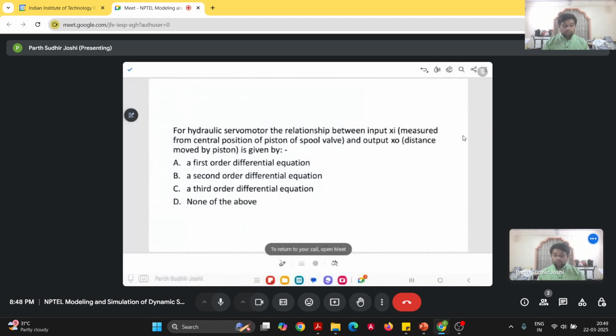Therefore, the answer to this question is that the relationship between the input motion xi and the output motion xo is a second order differential equation.